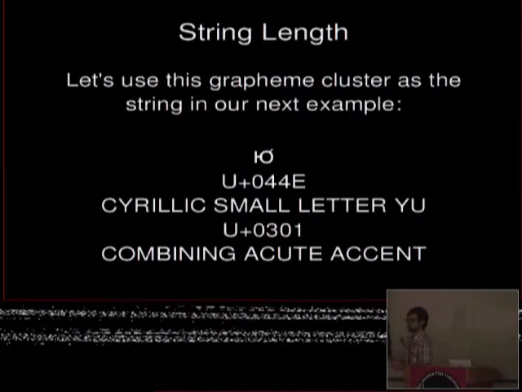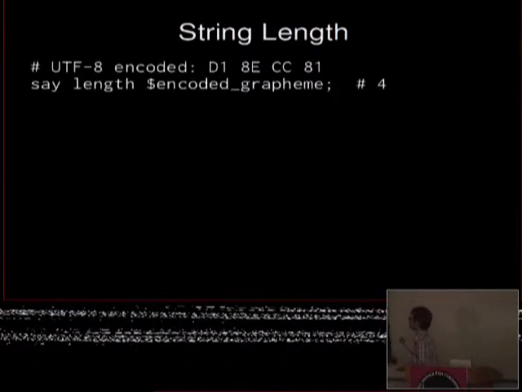There is no pre-composed code point for this, but it's commonly used in Russian dictionaries to show the emphasis on the Cyrillic small letter U. So say we have this grapheme cluster encoded as UTF-8, and we pass it to length.